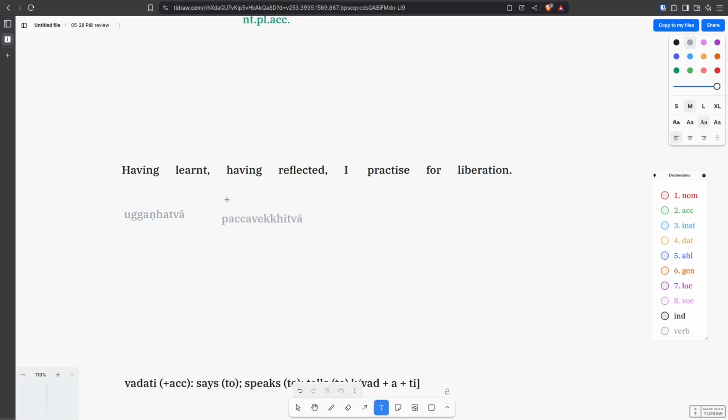It's an interesting word because it directly means looking. He's reflecting by looking inwards. It literally means looking backwards, inwards, like looking back at oneself. Pacca is from paṭi, that means back, into oneself. Paṭi avekkhati. Avekkhati means to look.